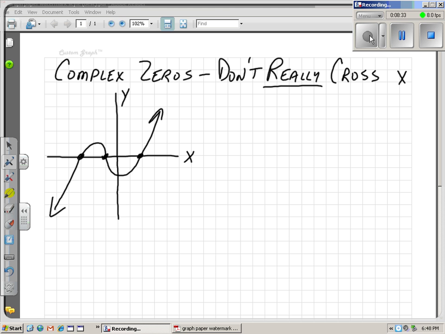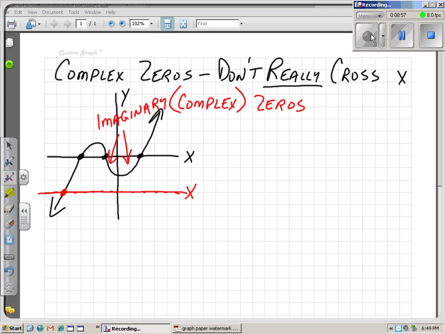But what if that x-axis had instead gone across right here? What if that had been our x-axis right here? If that had been our x-axis instead, we would only have 1 real zero, and we'd have what we call imaginary zeros right here where the little hump should have crossed normally.